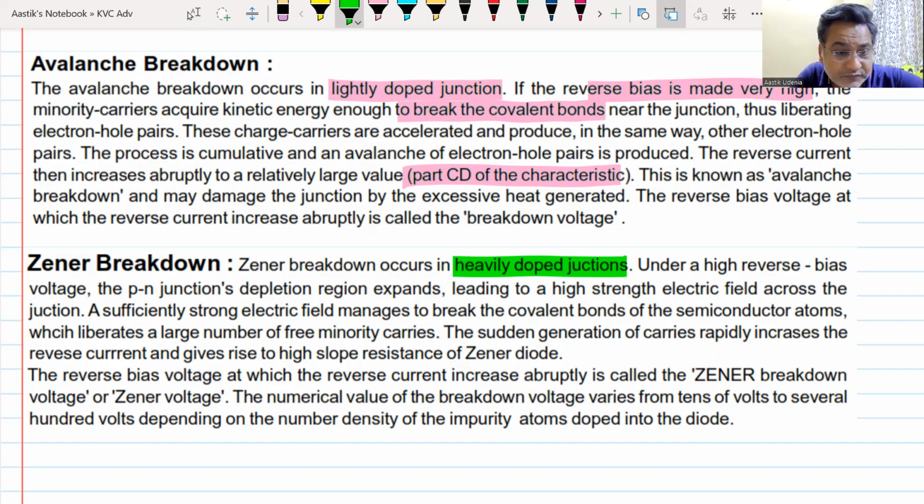Now, when these highly doped junctions are there, and when you increase the electric field, you will have a breakdown, and that breakdown is known as the Zener breakdown. Do we understand this? Yes, sir.